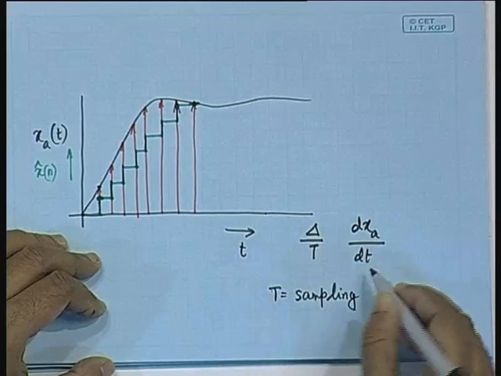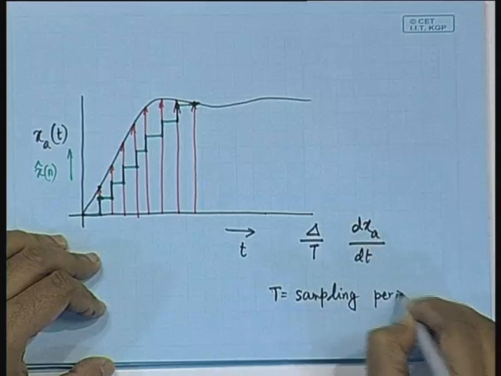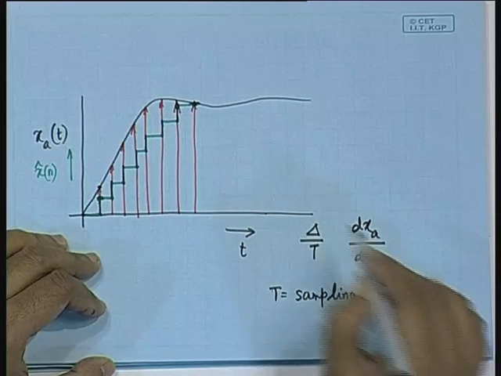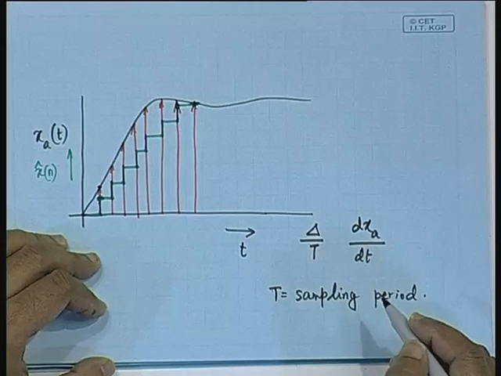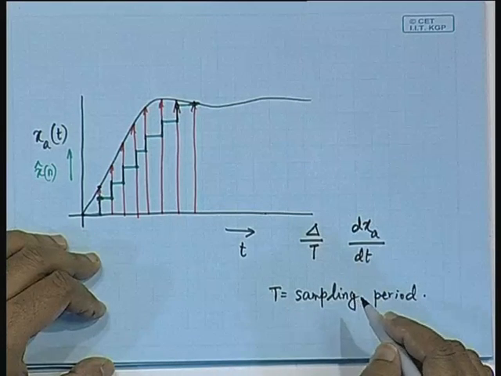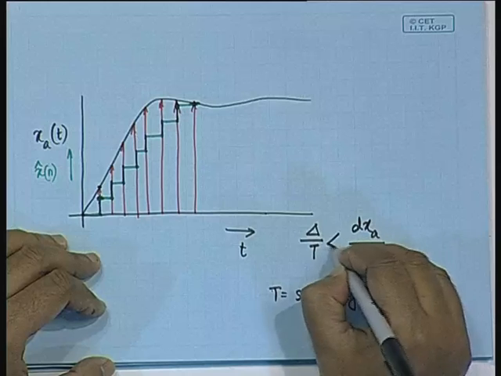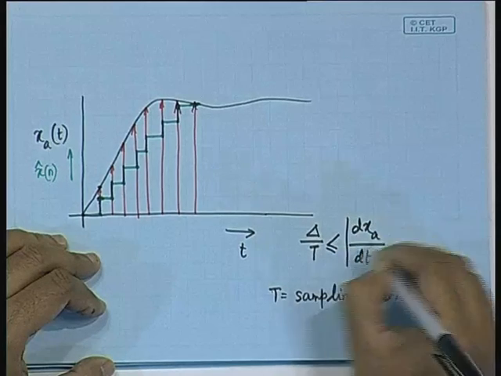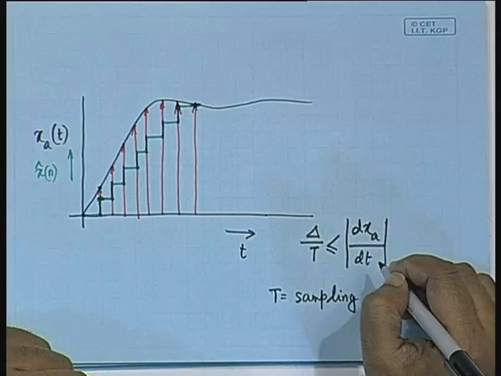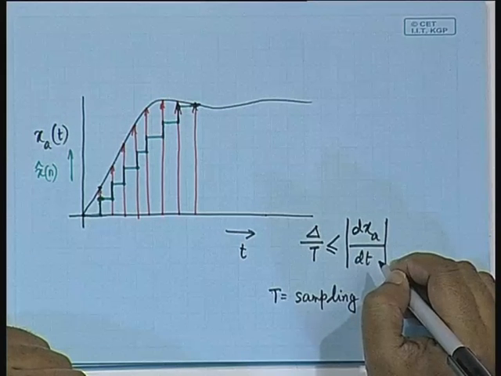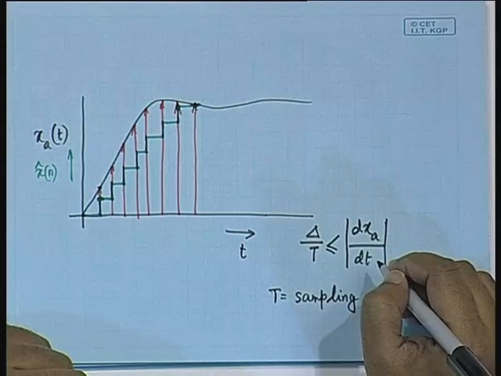So, if we take capital T to be the sampling period and delta to be the step size, and in that case delta upon T is less than or equal to dx a by dt, then what would have happened? Then could we have tracked it properly?